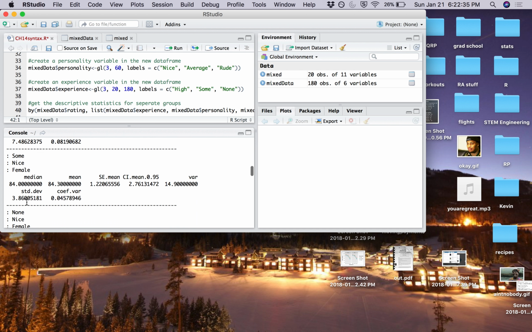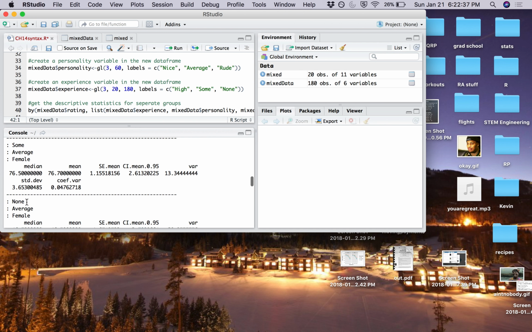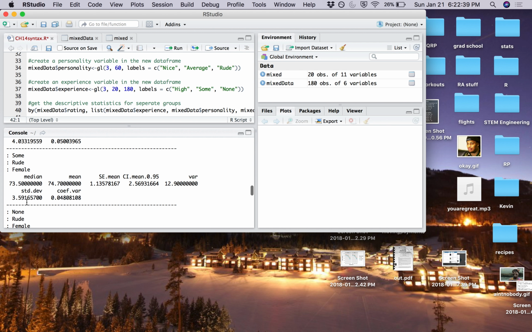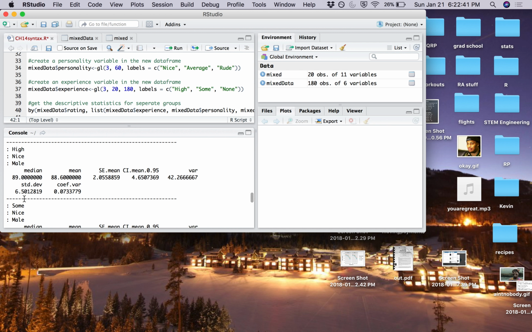So female, and then splits up into male. And the descriptive statistics show us the pattern of the means across all the experimental conditions, and we can observe the interactions by graphing these means, which we will do later.